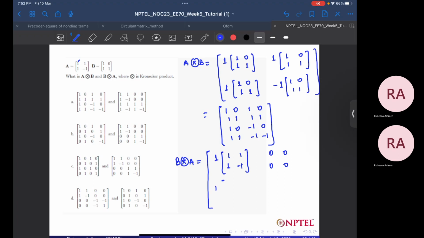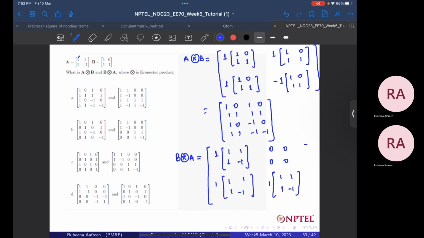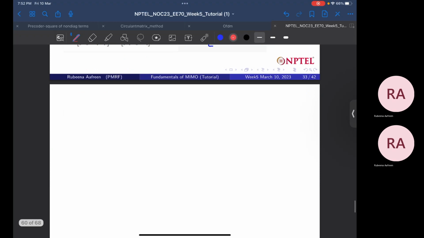And then again here it will be 1 times 1 1 1 minus 1, and then 1 times 1 1 1 minus 1. This one is not true because here 0 is there. So the answer would be option A in this question.